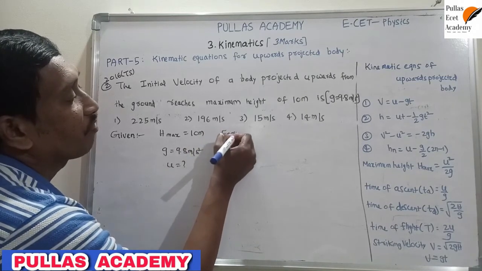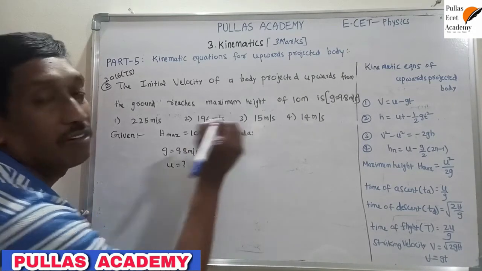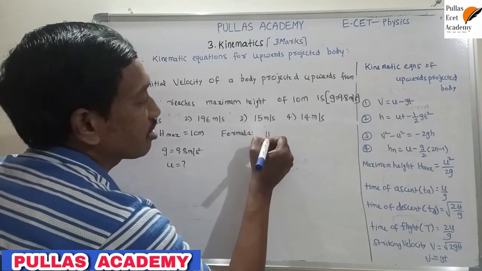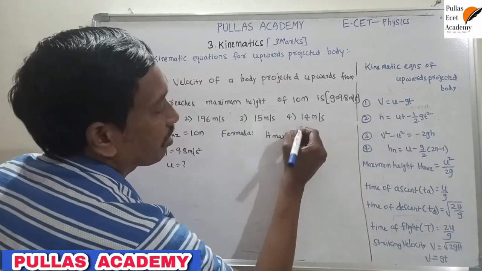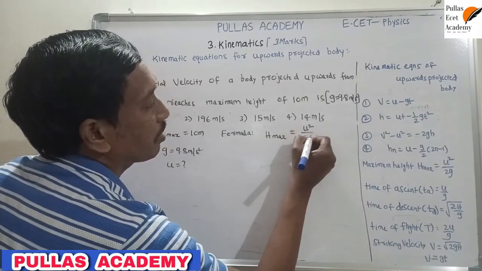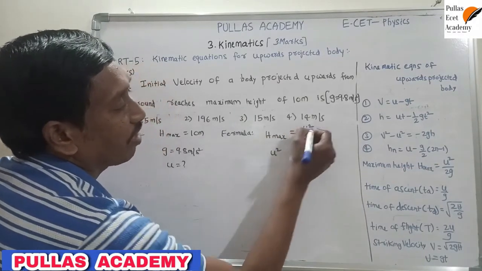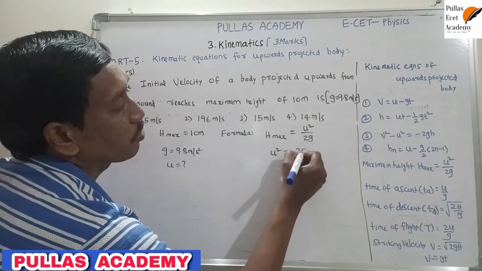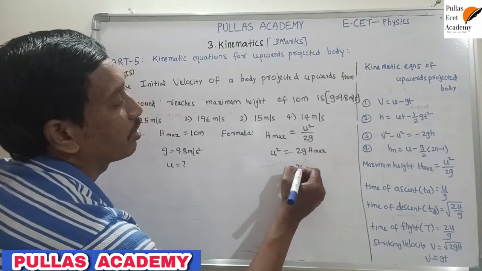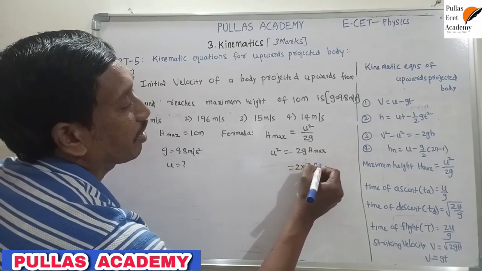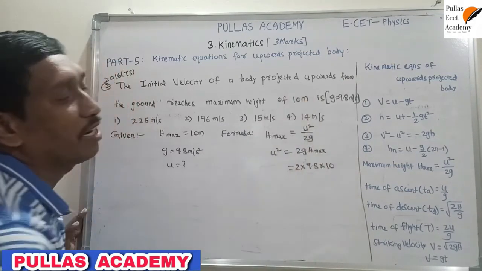What is the formula for maximum height here? For an upwards projected body, h max is equal to u square by 2g, as I already explained. Then u is asked, so writing it as the subject, u square is 2g into h max. Substitute now all these values: 2 into g value 9.8, h max is 10 meters.